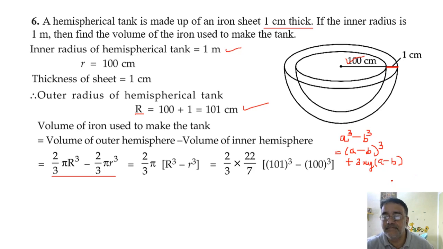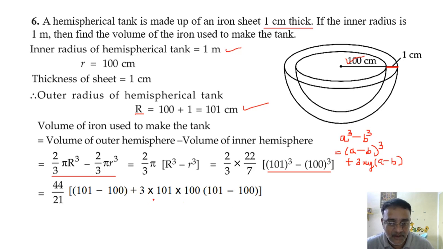Okay. So we'll apply this formula, or otherwise take the cube of both and subtract. So 101 minus 100 cube is equal to 1, and 3 into 101 into 100 into 101 minus 100. Sorry, it is not xy, it is ab. Actually earlier we wrote the formula in the form of xy. This is ab.